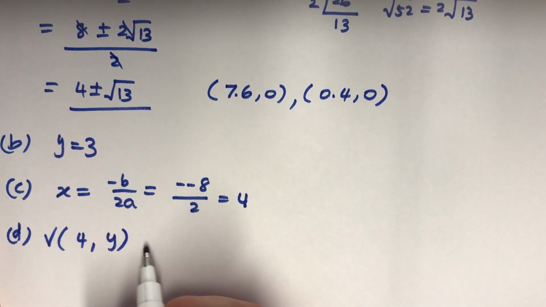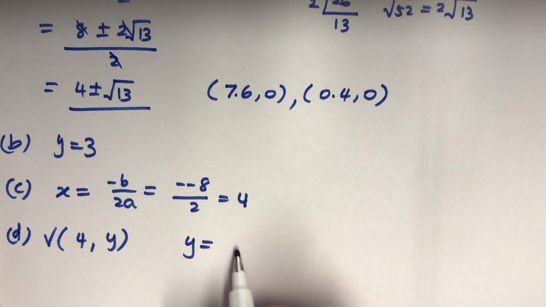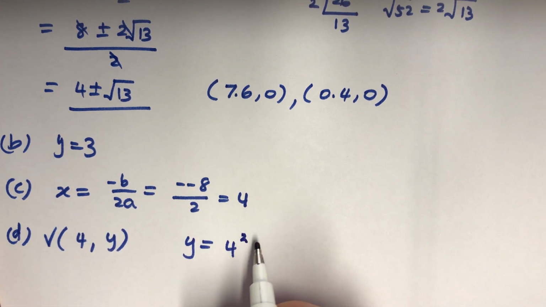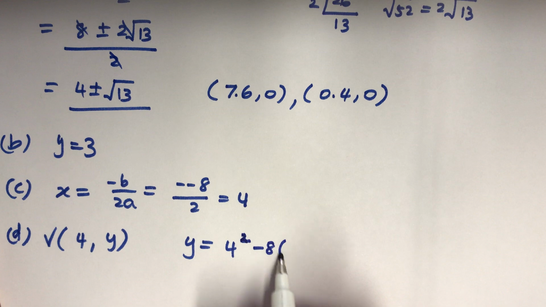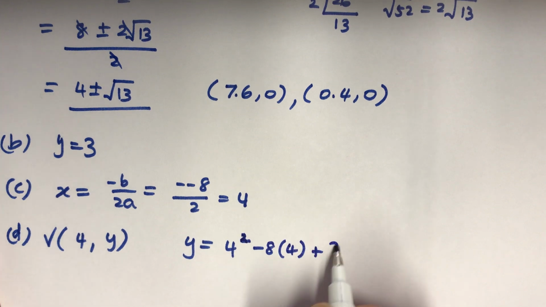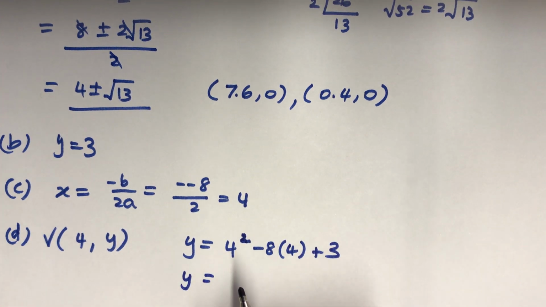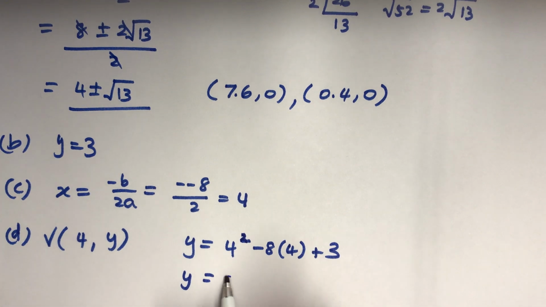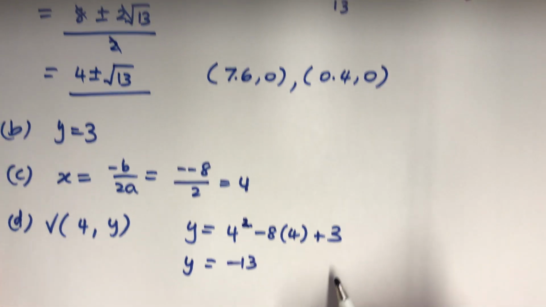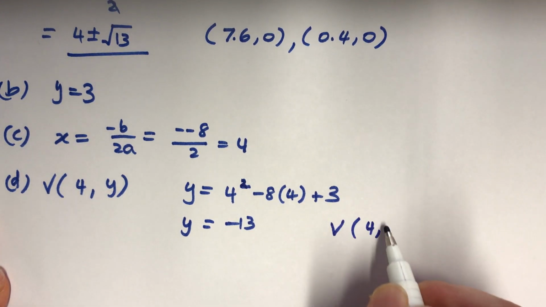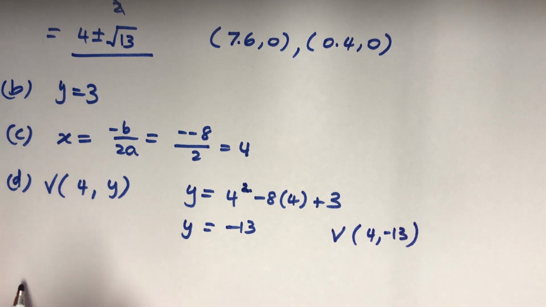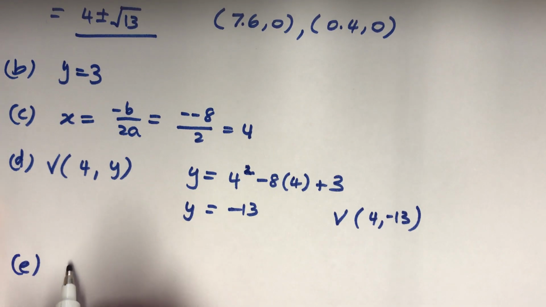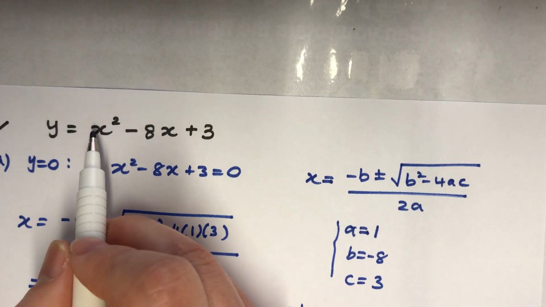So I'm going to substitute 4 into x squared minus 8x plus 3, y equals, what do I get? Minus 13. So my vertex is 4 and minus 13. And e, it's concave up because it's positive.